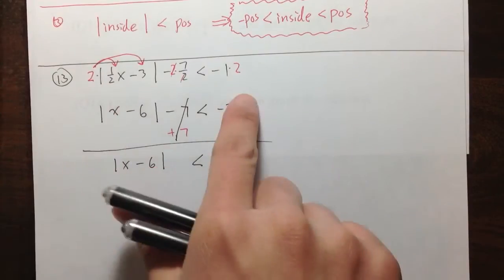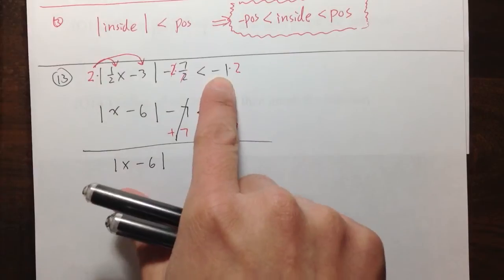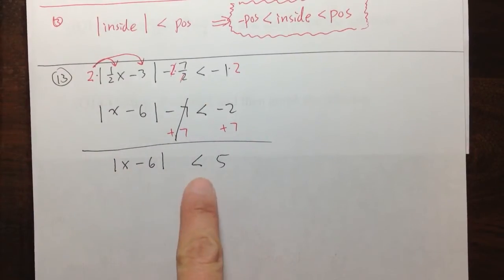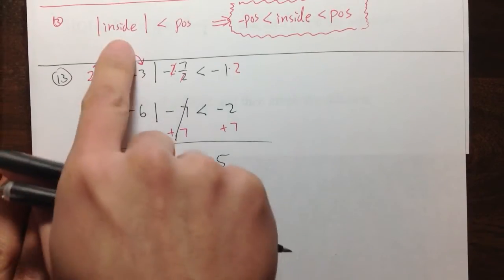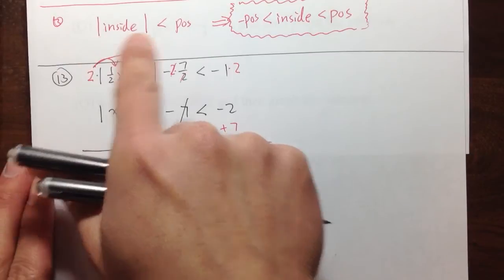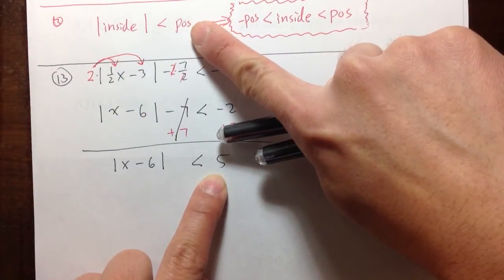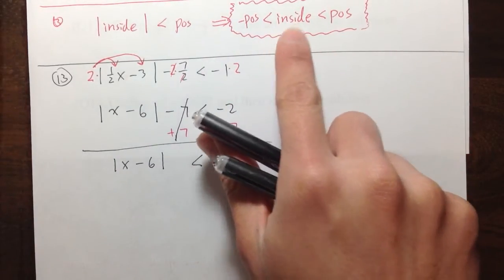So I clean up the original inequality, and now we have this: absolute value of x minus 6 is less than the positive number 5. And this is exactly what I pointed out right here: absolute value of something inside is less than a positive number. So what we're going to do is break down into this. Put the inside in the middle.